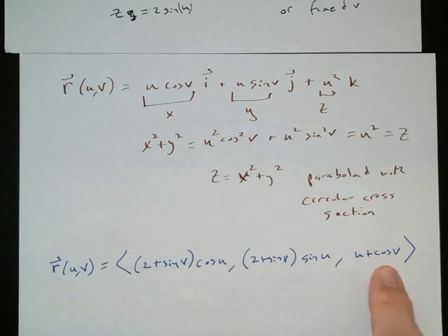Except it's going up because U is allowed to change. We only fixed V. I have a circle, but it's going up. What do we describe that as? Not a cylinder because it's not a solid. It's just a curve. That's our helix. But I have a helix for every different value of V, don't I?